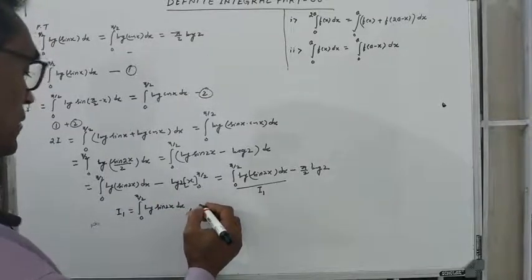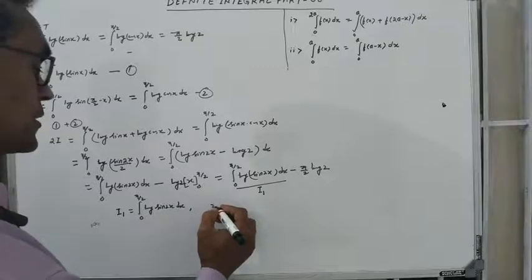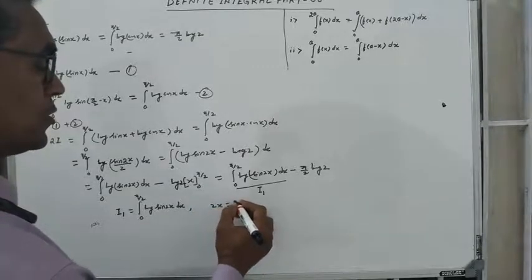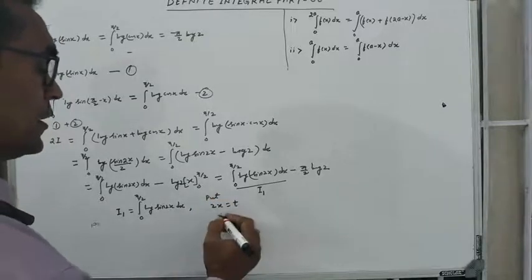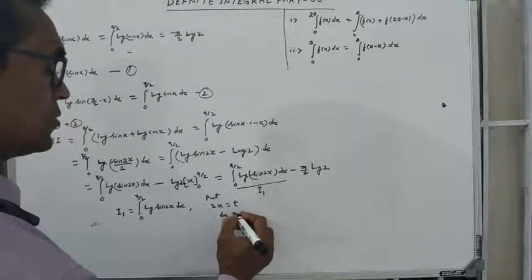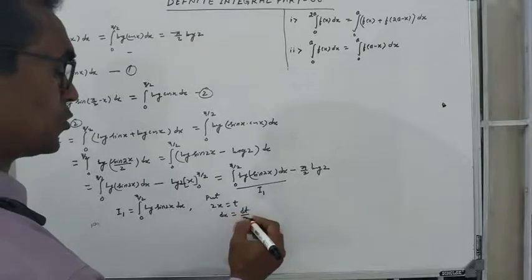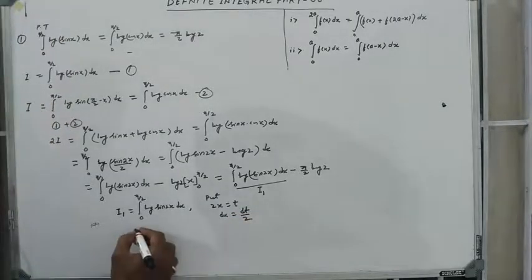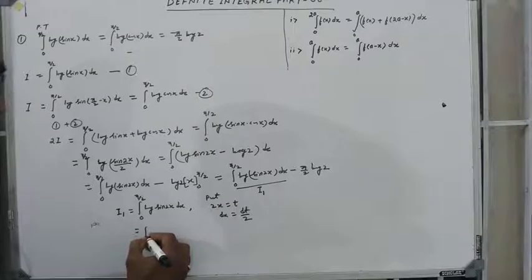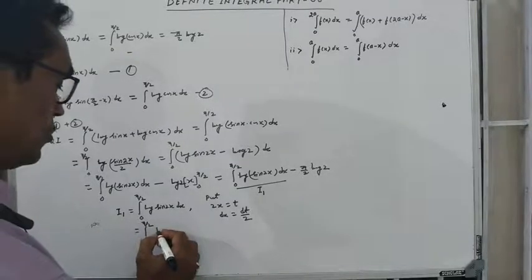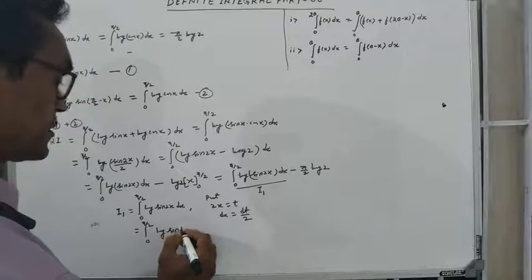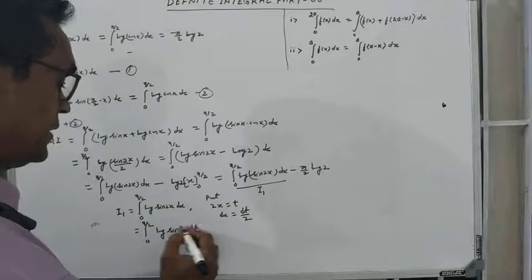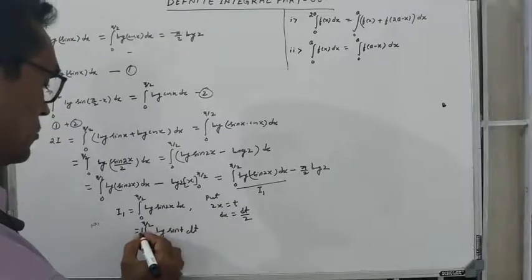Here we substitute 2x equals t. Put 2x equals t, then dx equals dt by 2, then the integral from 0 to pi by 2 of log sin t dt and 1 by 2.